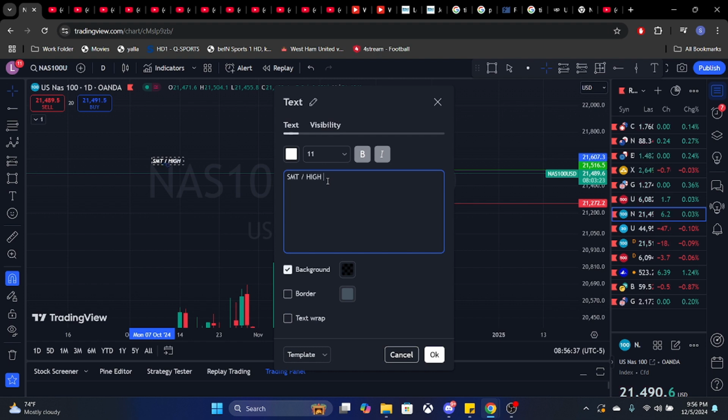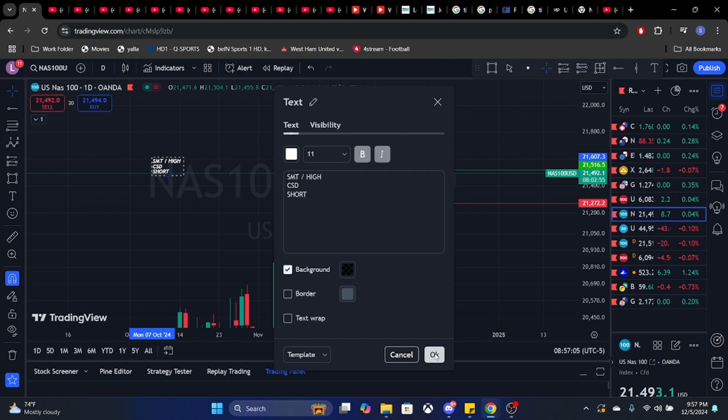Then after we take a high, we can look for some kind of change in the state of delivery, CSD. After getting a change in the state of delivery, we can look to short during a macro or any session there. So for now, that's what I'm looking for.